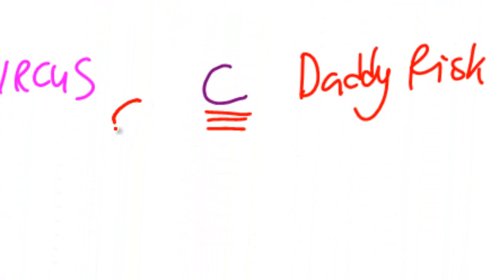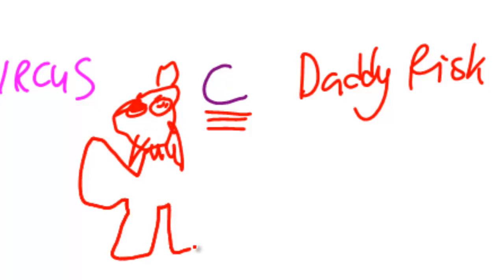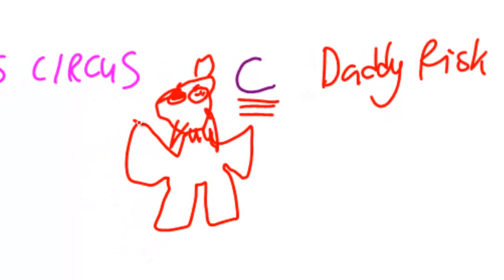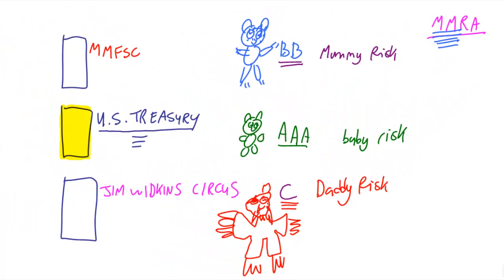Okay, very scary. Lost an ear. Wearing a patch. Bloodshot eyes from all the whiskey. Teeth. Slobbering. Huge arms. Huge legs. Huge, sharp, pointy kind of thing. That's the worst bear I've ever seen in my life, but hopefully that makes a bit of sense. Okay, so we've got baby risk AA, we've got mummy risk BB, and we've got daddy risk.